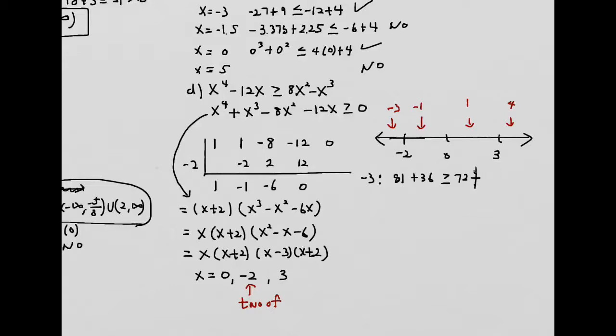Okay, and then negative 3 cubed, so minus, it will be plus 27. And see if this is true: 81 plus 36 is obviously larger than 72 plus 27.